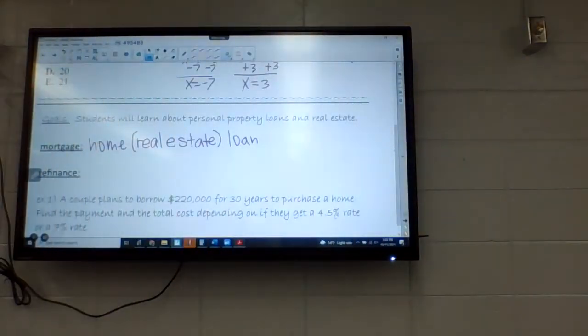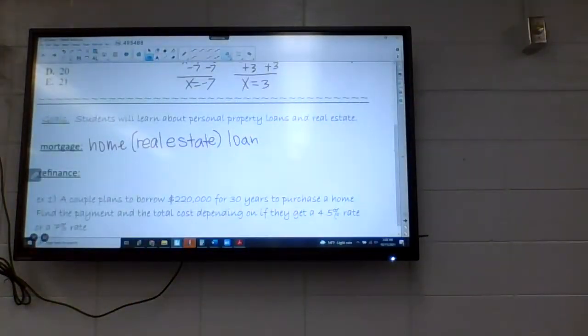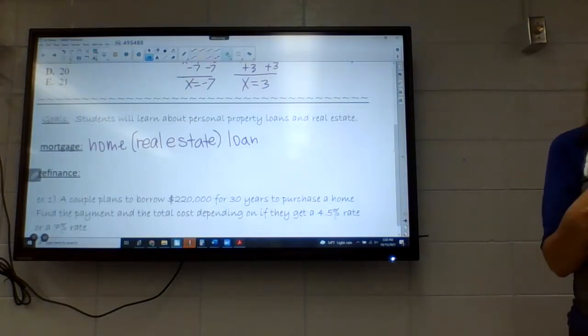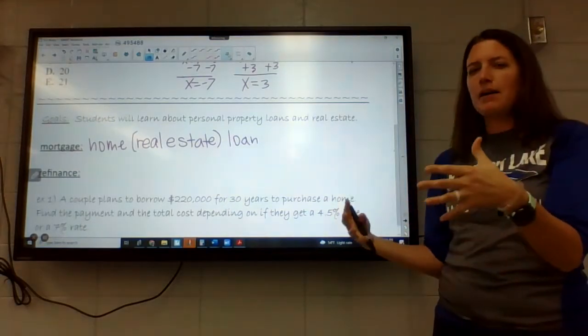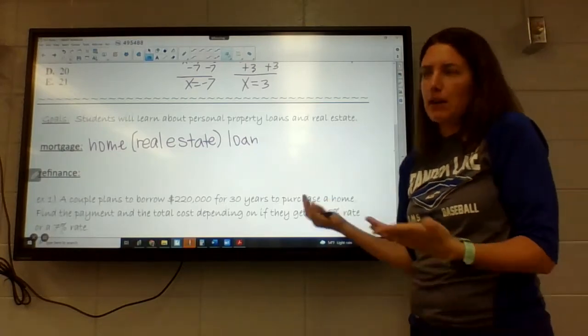So a home loan is a mortgage, a real estate loan. One of the things you hear a lot in the news is refinancing. That's when you figure out that there's a lower interest rate out there and you can go get that and save money on your home loan. So you can renegotiate your home loan. You might be able to lower rates after you've shown that you've done a good job of paying off your loan.